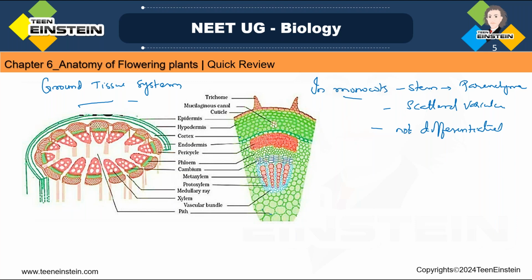Here you can see the pericycle. So this is cortex, then pericycle, and pith region will be there. In which one? In dicot it is differentiated, and in monocot the ground tissue system is not differentiated into cortex, pericycle, and pith.